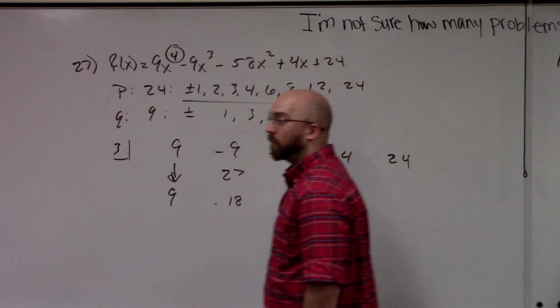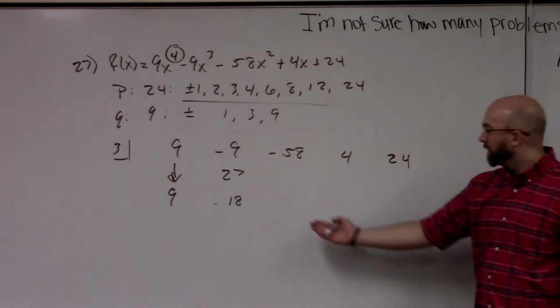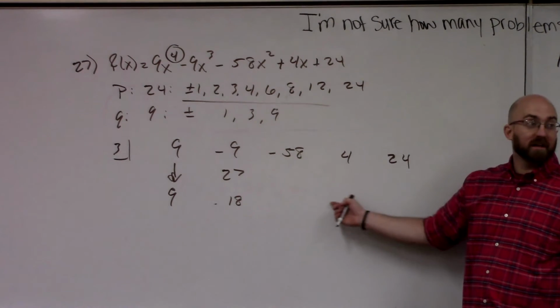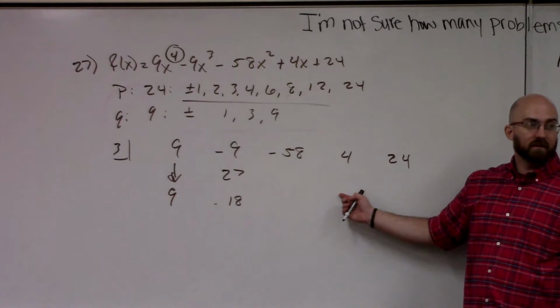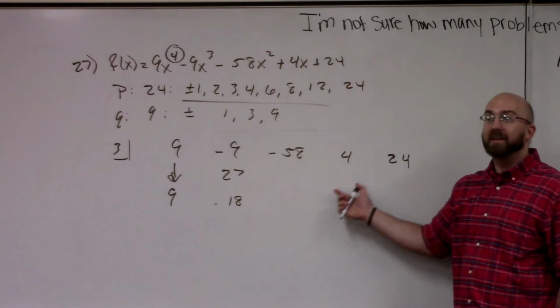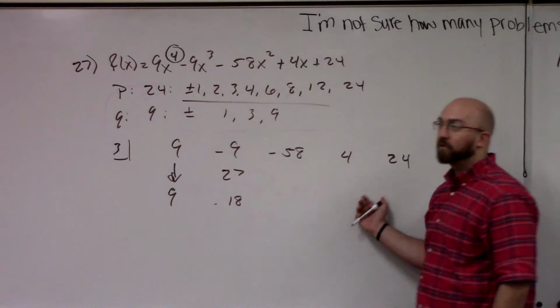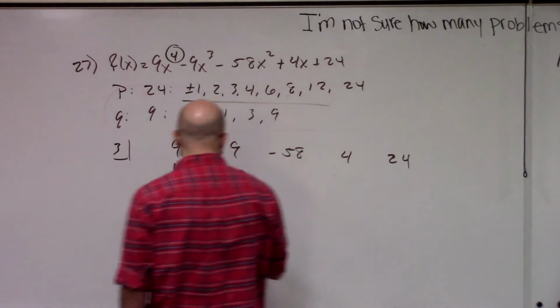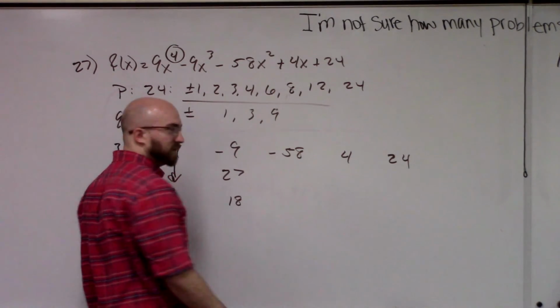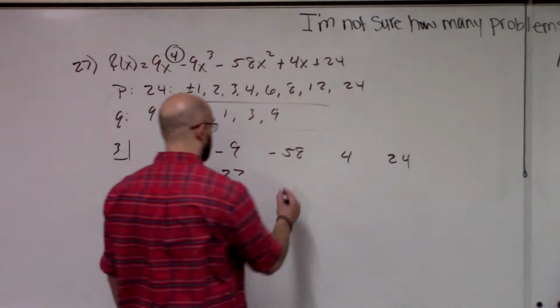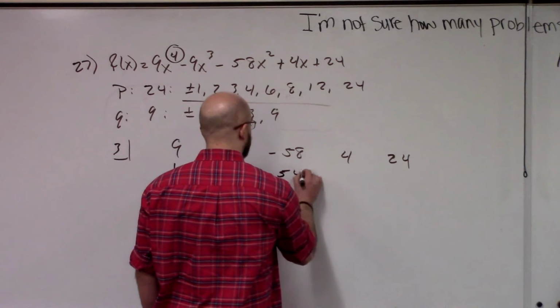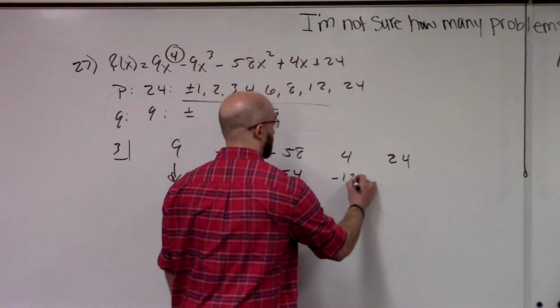By the time you get here, you can usually tell it's not going to work. So erase it, start again. 18 times 3? 54? Yeah, they do work. It's 54. Look at that.